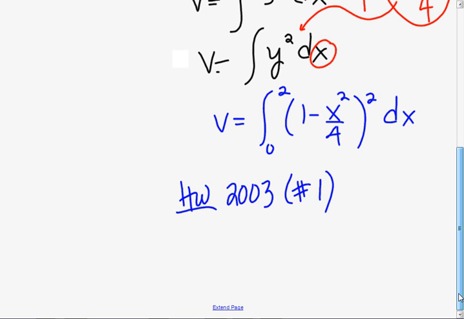And then 2011, there wasn't one last year. There wasn't an area volume problem last year, unless I missed it. So 2011 ended up being a blue packet. If you need more, they're all online. Go to the Form Bs.